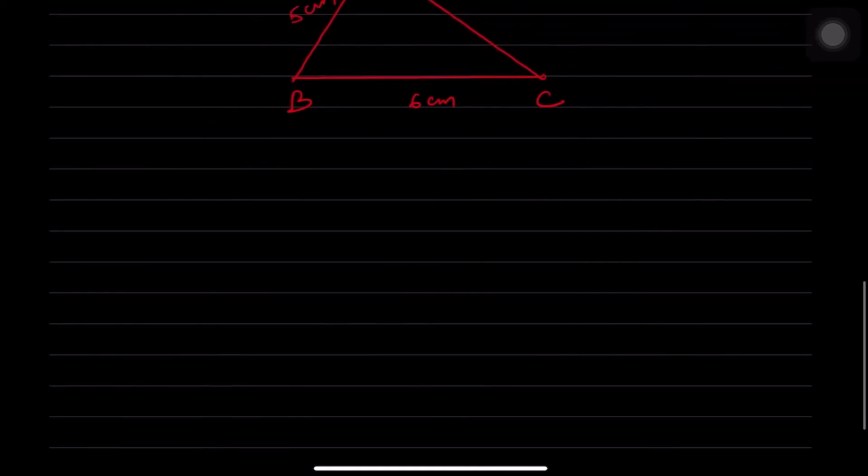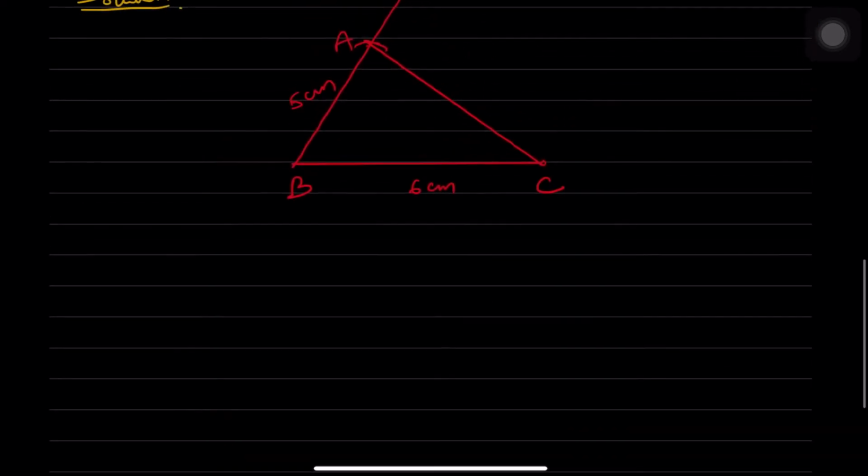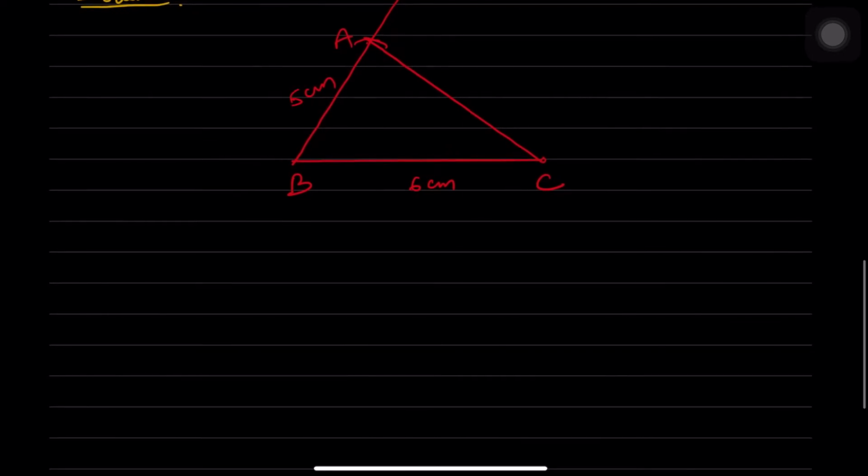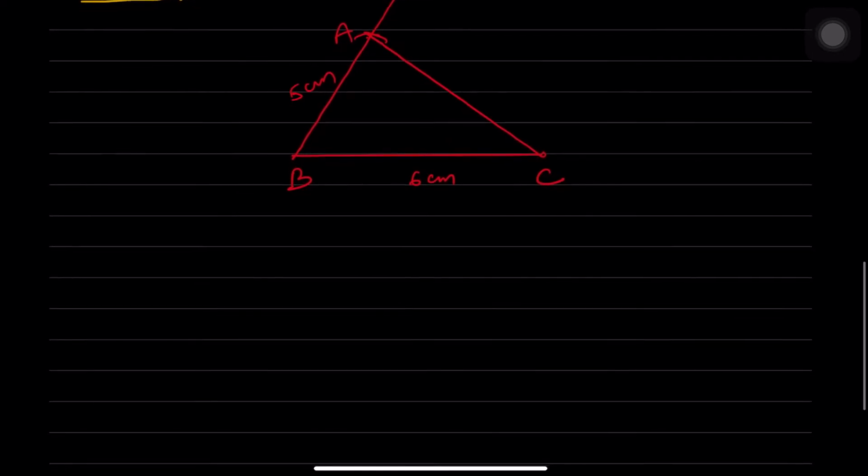Now again we draw an acute angle CBX, less than 90 degrees. So we take a ray BX. Now this has to be divided in the ratio 3/4. Since this is less than 1, it is going to be a triangle inside.